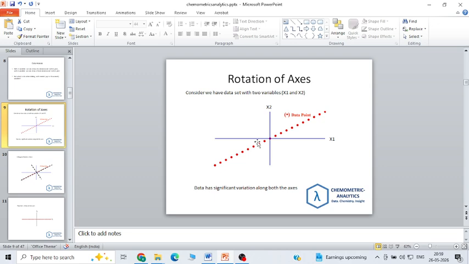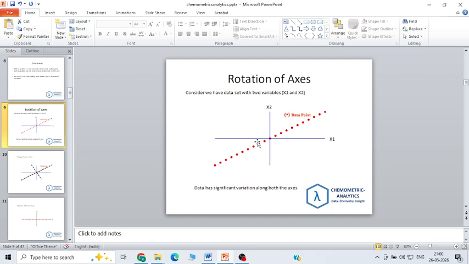To demonstrate that, I again take a very simple data set, and the idea behind this video is mainly to show you how the rotation of the axis, or the projection of data in a new space, can lead to simplification of data, or in other words, dimension reduction, retaining all the variation within our data set.